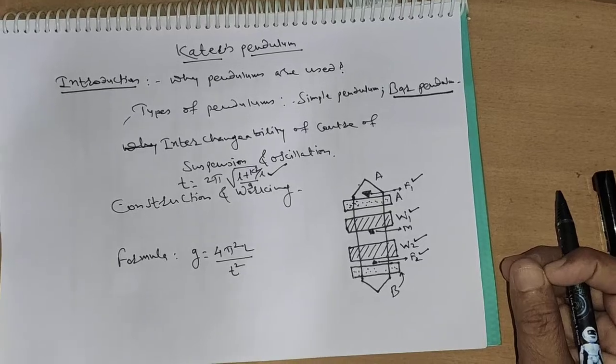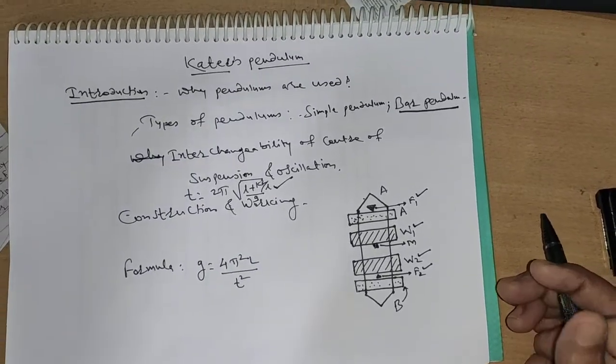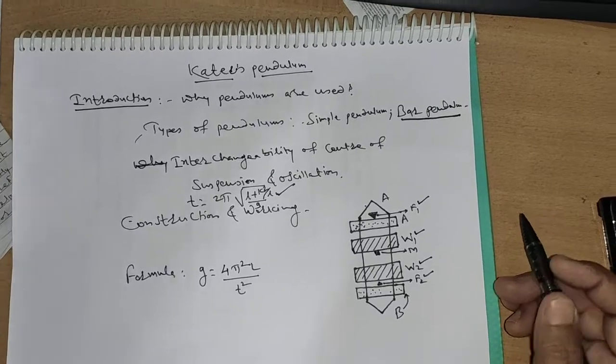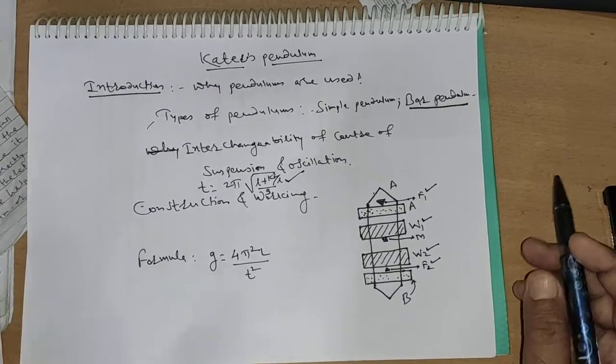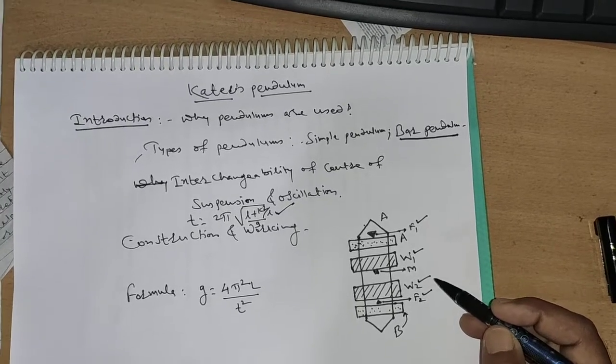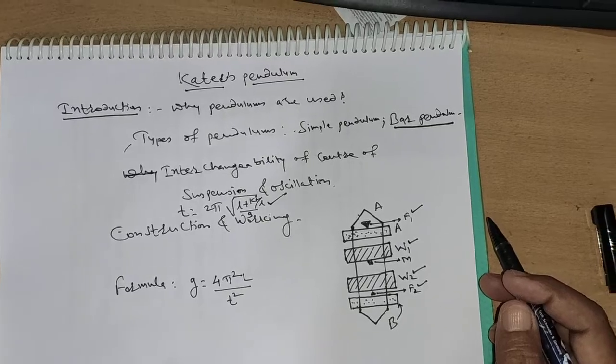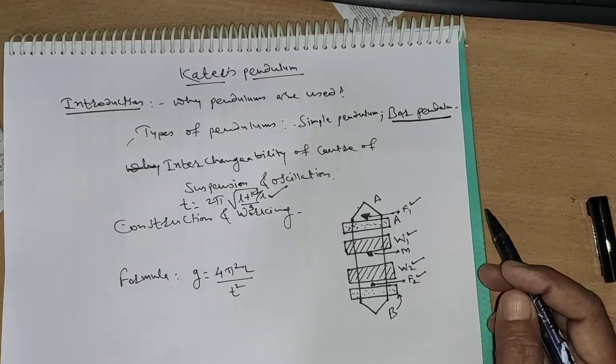The knife edges face each other, shown by F1 and F2 near the two ends, so that the pendulum may be suspended from either.